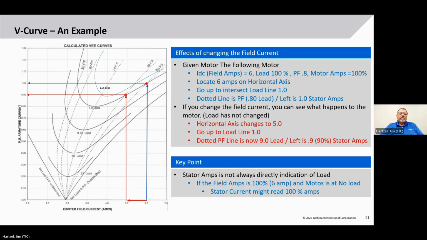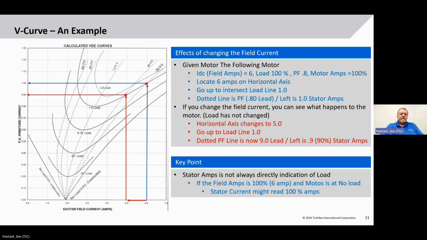Okay. So in this case, a perfect example, we've got the same curve, and instead of having 6 amps, remember we had 0.8 power factor, and that's at 100% current. We're on our 100% load.